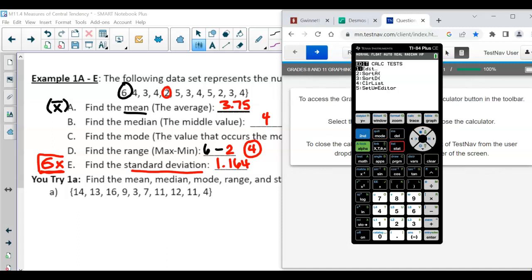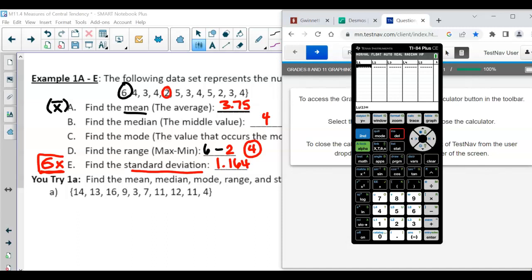So go back to stat. We're going to edit and see how it still has all these numbers, because we need to delete all this. So you just press delete, don't press clear. You need to press the delete button to delete the numbers. So now if you need to re-pause the video because you weren't sure how to do that, then go ahead and do that here and now try this on your own.